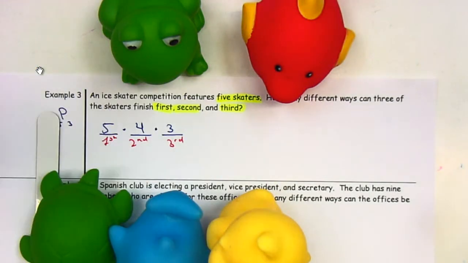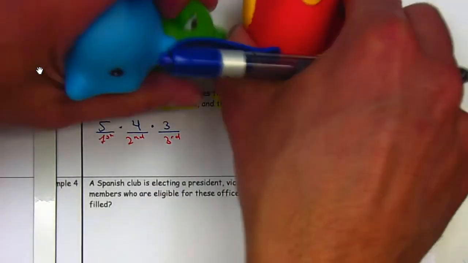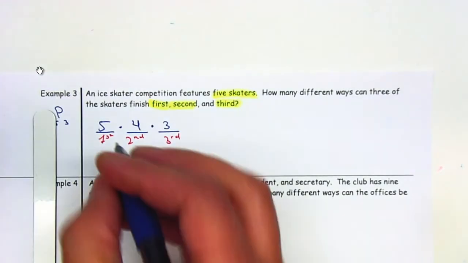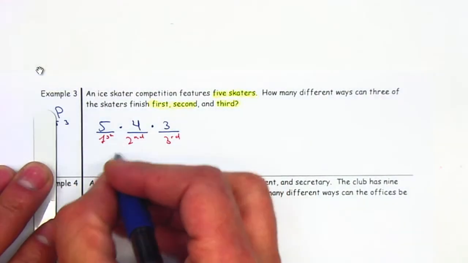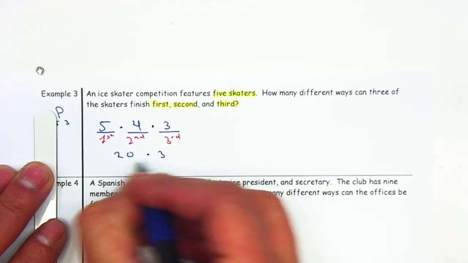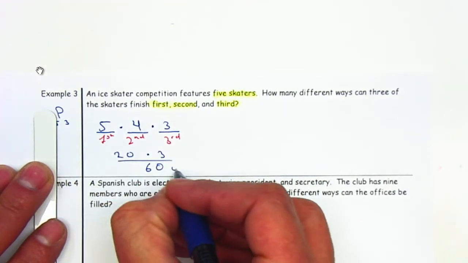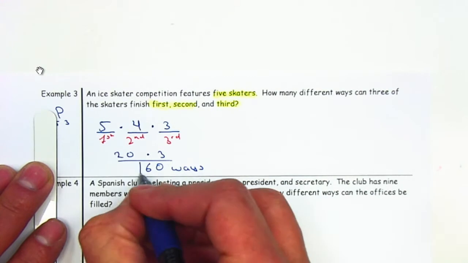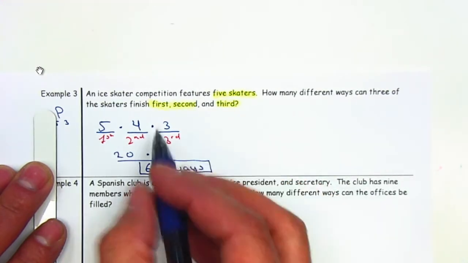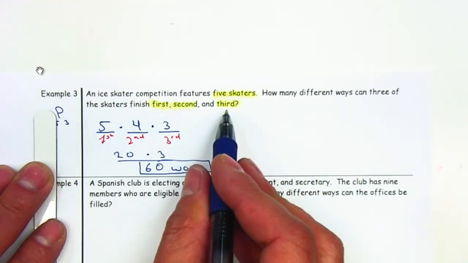Does that help? So hopefully that helps. So now we can just multiply 5 times 4, which is 20, and then multiply by 3 will give me 60 different ways that we can have a first, a second, a third place out of 5 skaters.